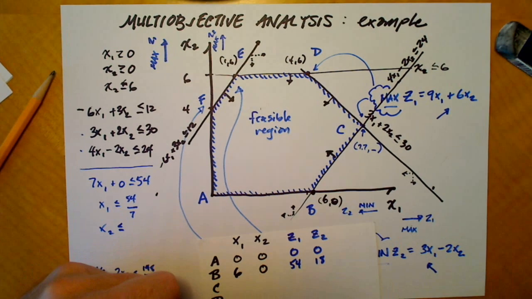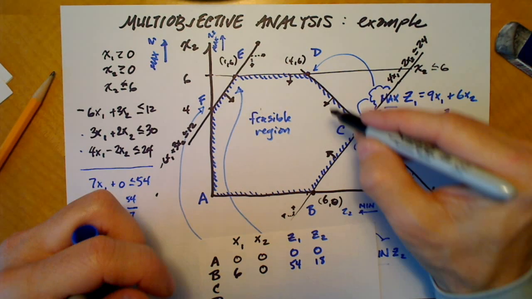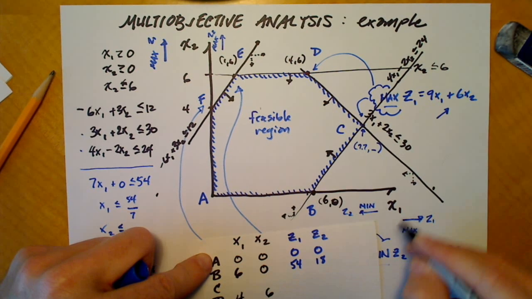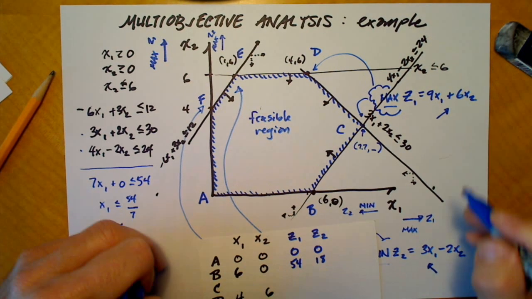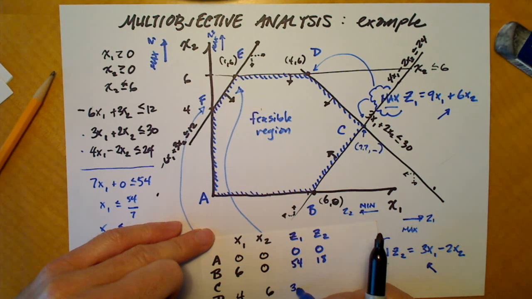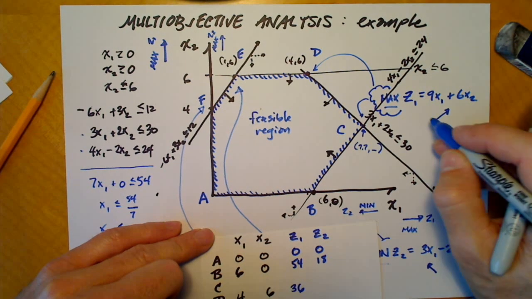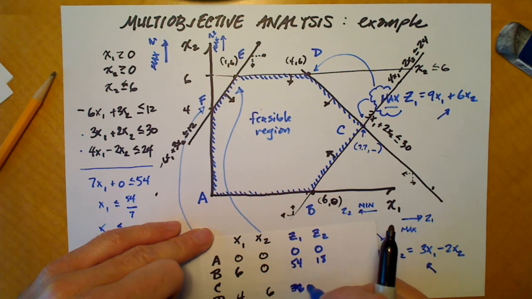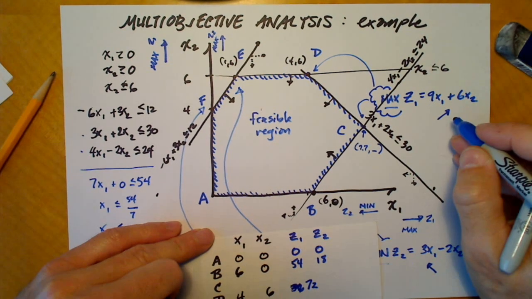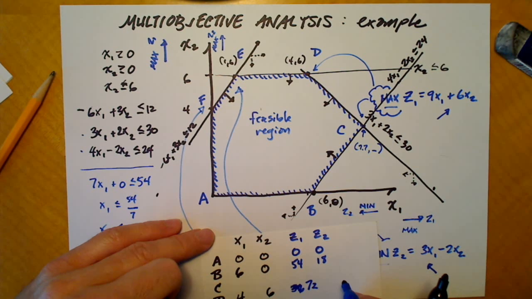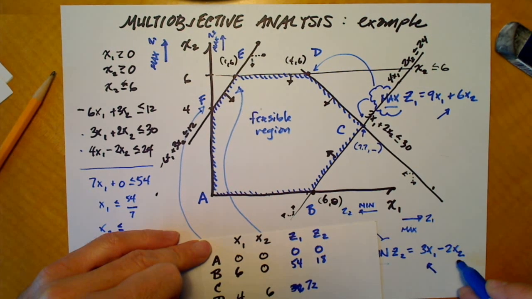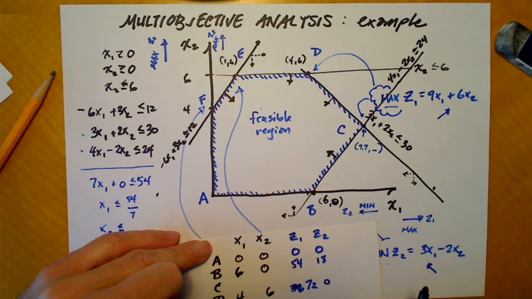Let's look at C. We haven't solved for C yet. Let's look at D. D was 4, 6. Z1 is 36, and 36 is 72, and for Z2, 4, 6, 0.